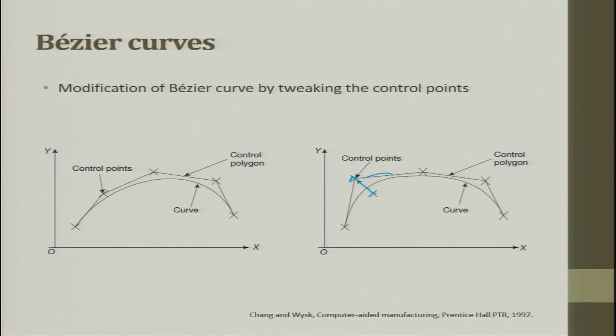So, this portion of the curve is tweaked, but it is not only this small patch, but corresponding to that patch all other points are also moved. So, it will have a starting point and it will have an ending point. So, you can try to tweak the complete curve.